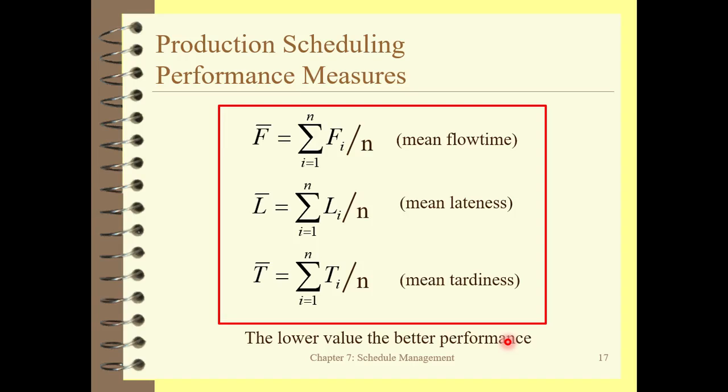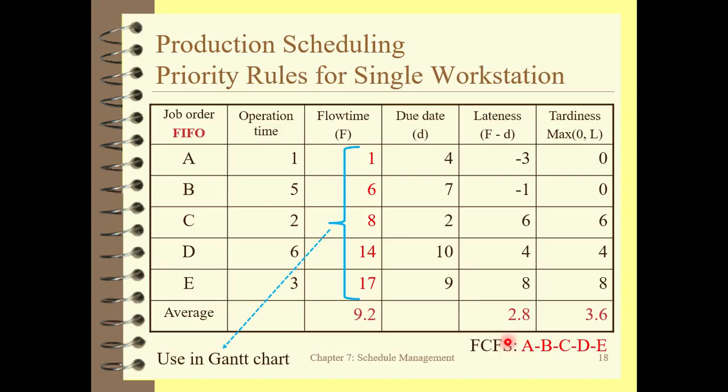That is the best sequence, or the best Gantt chart, or the best priority rule that you can select. I would like to show you how to select the best priority rules for each measure of performance. So let me start from first come first serve.